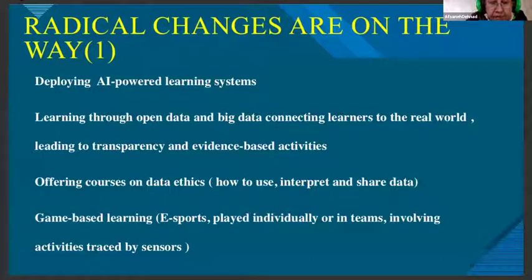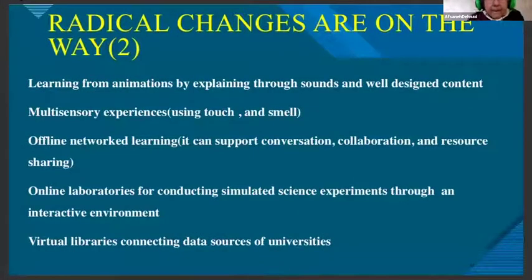New generation of universities should offer game-based learning. For example, we see e-sports courses played individually or in teams involving activities trained by sensors. We should offer courses in which learning from animation by explaining through sounds and well-designed content is taking place.